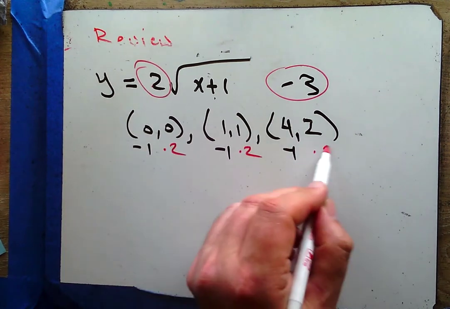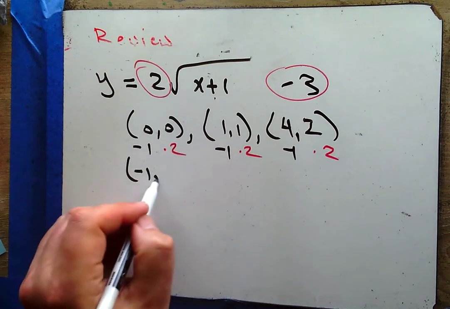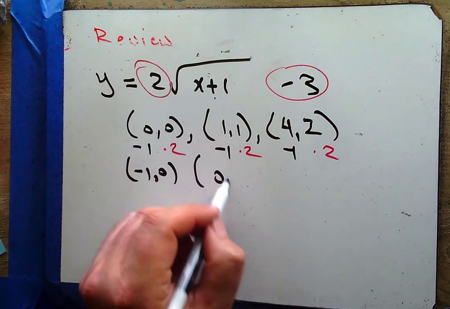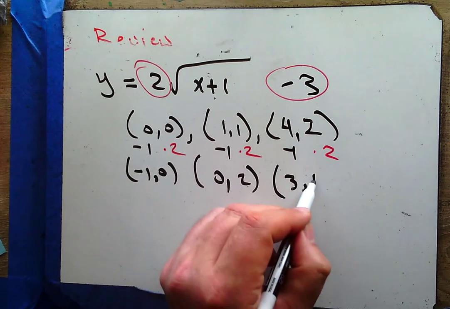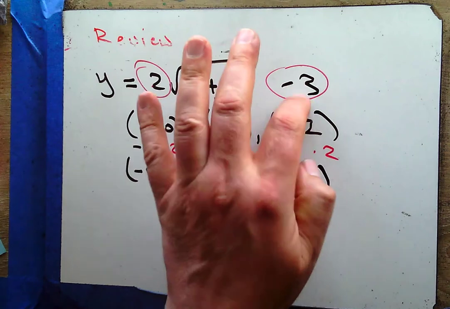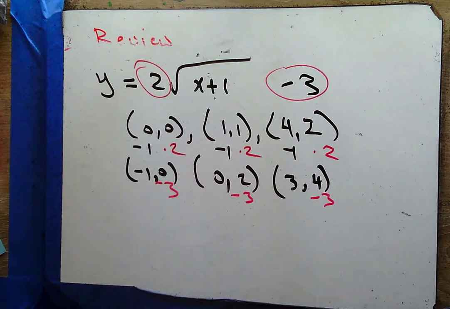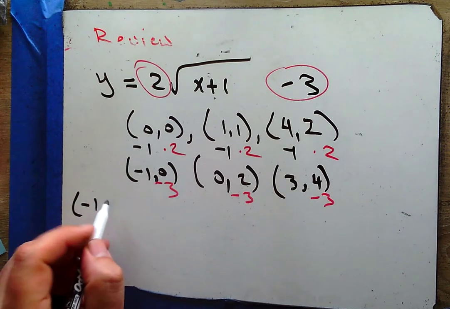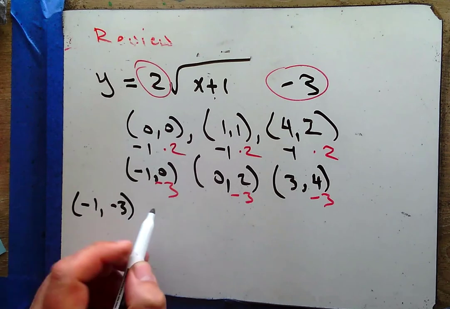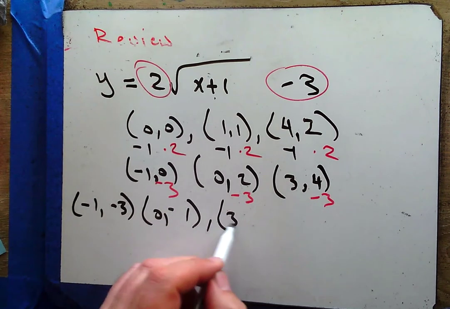So I have to multiply all the y's by 2, and so I'm going to have negative 1, 0, 0, 2, 3, 4. But I still have to come back and subtract 3 from all the y values. And so the points that I'm going to graph and the points that I'm going to label my graph with: negative 1, negative 3, 0, negative 1, and 3, 1.